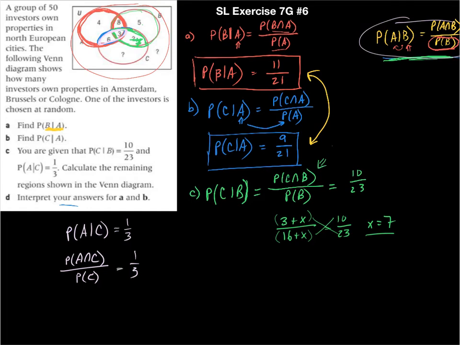So that would equal 9 over, and then the probability of C would be everything in this circle here. So that would be 6 plus 3, which is 9, plus 7, which is 16, plus this right here, which is Y. So that would be 16 plus Y.